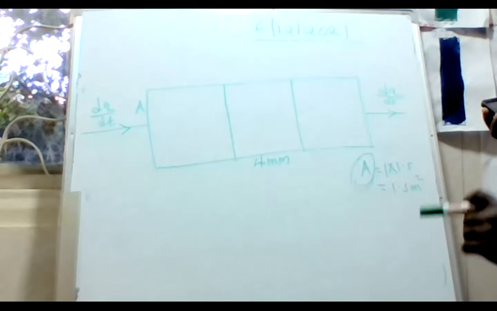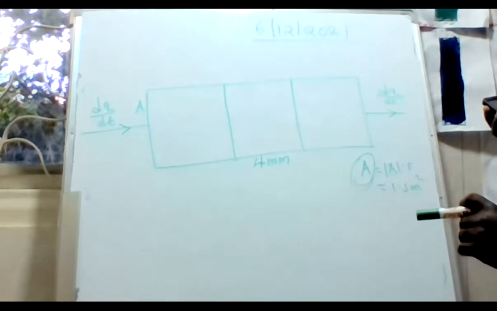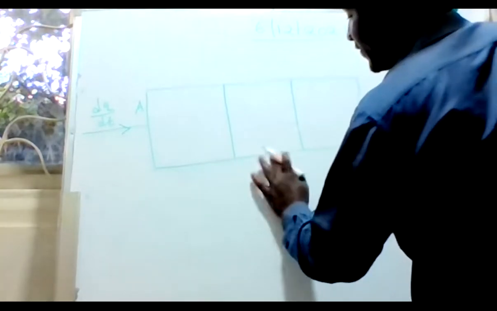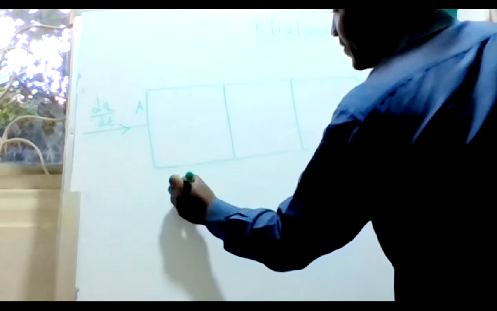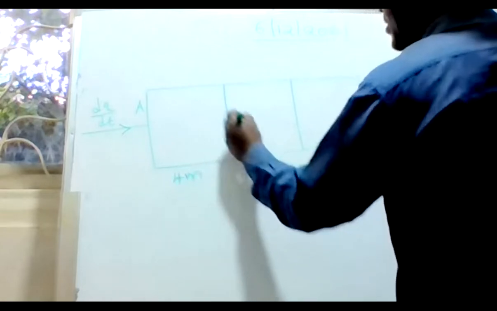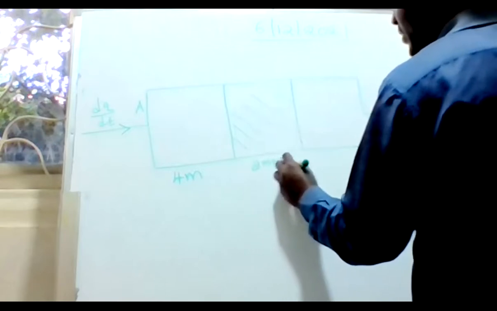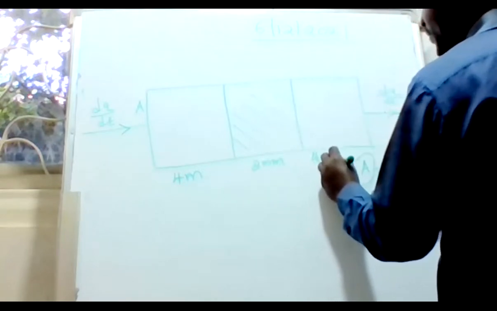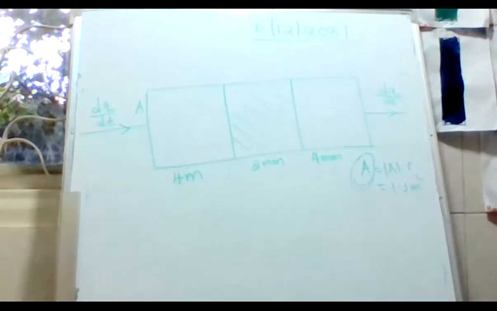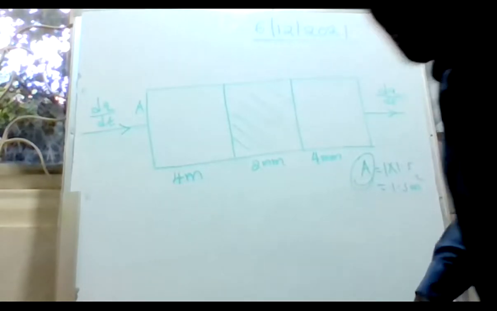This window here is 4 millimeters long, this one is 4 millimeters long, and the separation of the air gap is 2 millimeters. Even here it is 4 millimeters. This length is the only value that is different; the area will be the same.